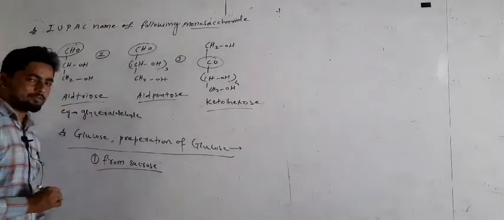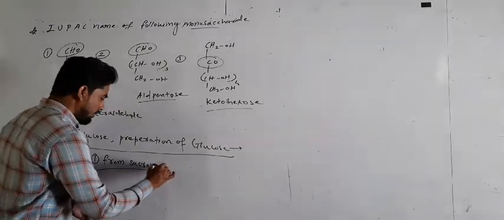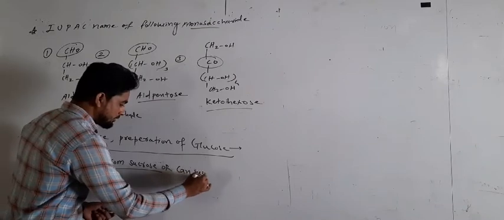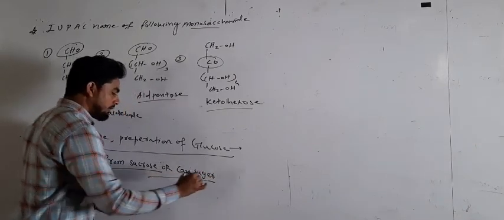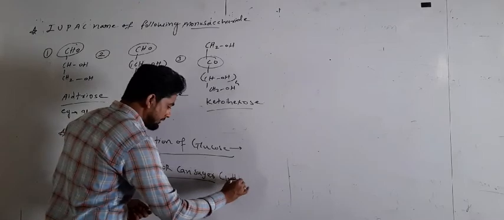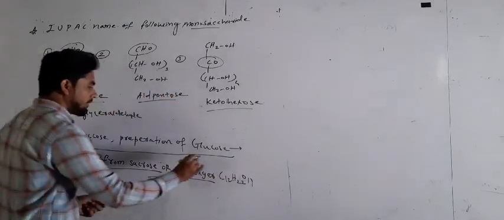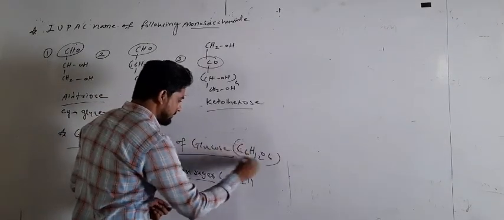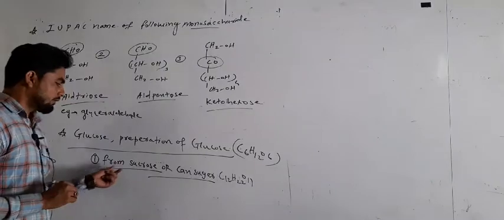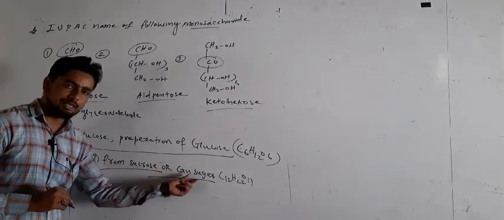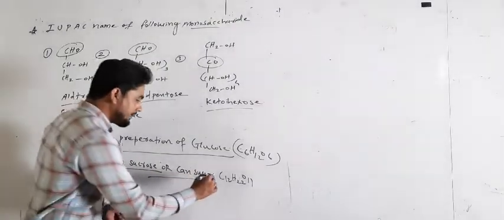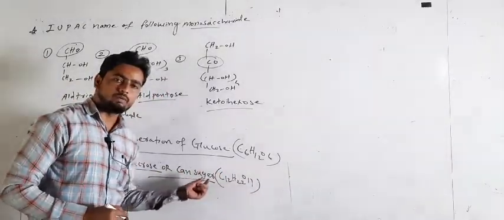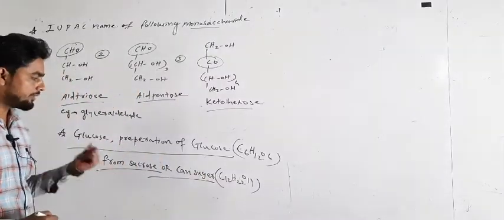It is the special sugar, also called cane sugar, whose molecular formula is C12H22O11, whereas the molecular formula of glucose is C6H12O6. So cane sugar, or table sugar, has the molecular formula C12H22O11.